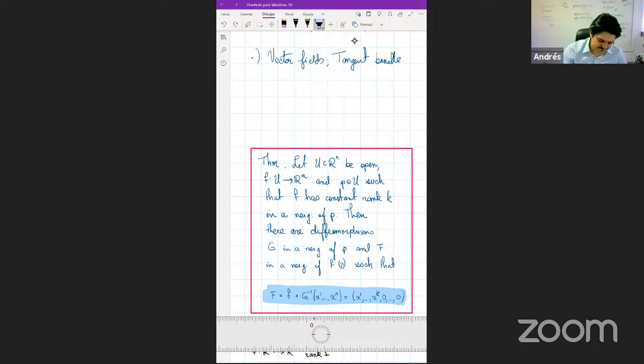So we have a smooth map between open sets in Euclidean space, and we assume that we have constant rank in a neighborhood of E. Then we can change the coordinates of these two spaces so that the function looks like this.